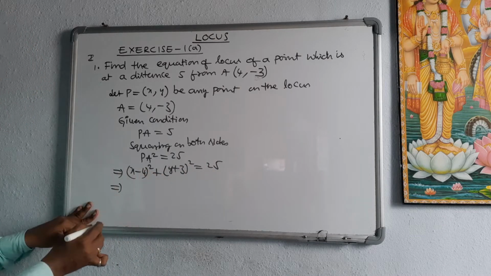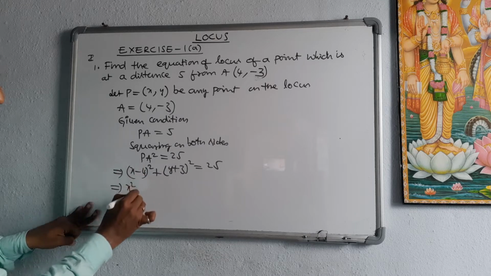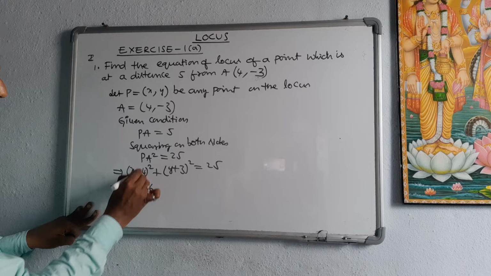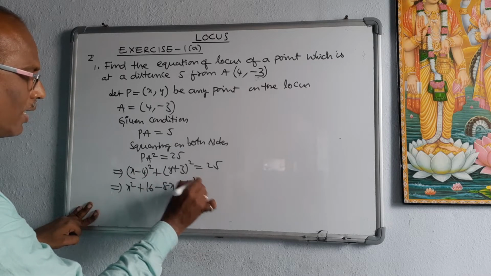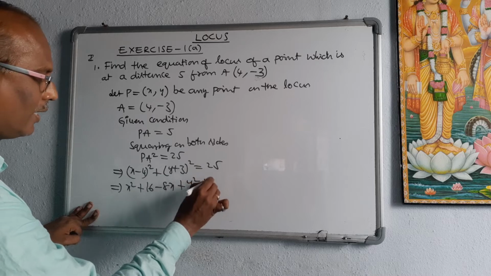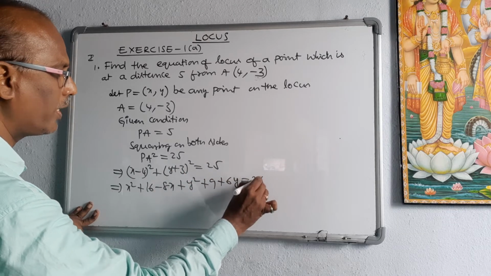Expanding (x - 4) whole square using the (a - b) whole square formula: x square plus 4 square 16 minus 8x plus y square plus 3 square 9 plus 6y equal to 25.